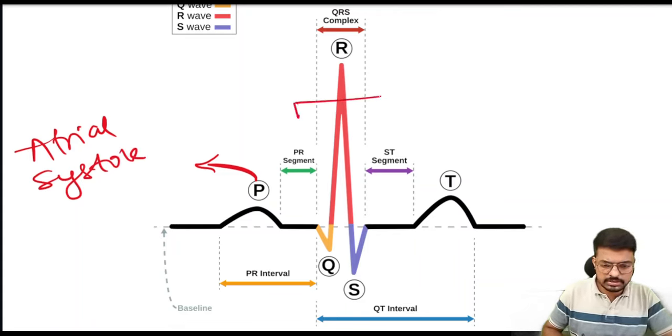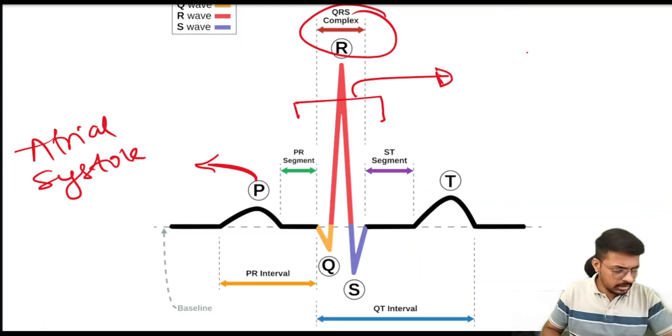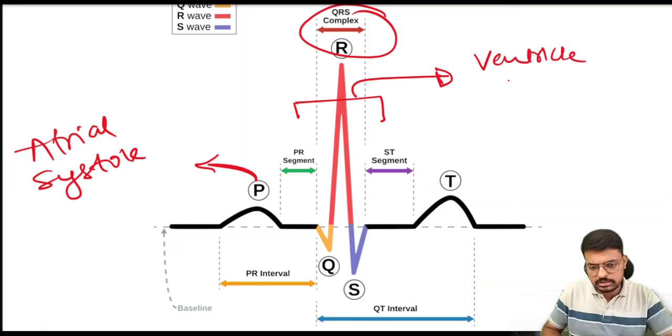And the QRS complex here is forming due to the, can anyone comment the answer? Very nice of you all. Yes, the QRS complex is formed due to the contraction of the ventricle, so we can say this is the ventricular systole.